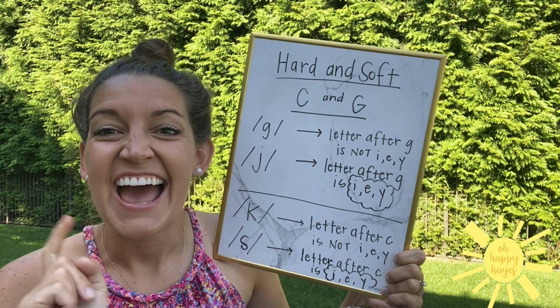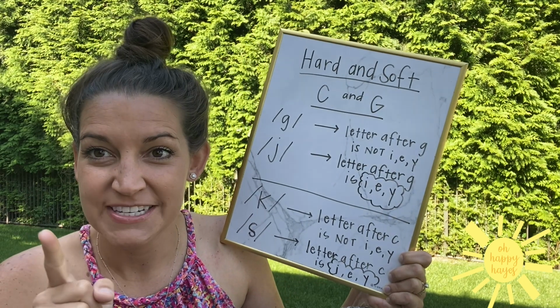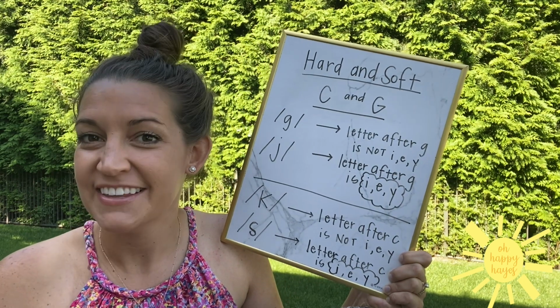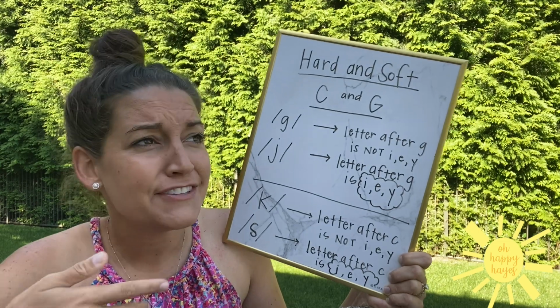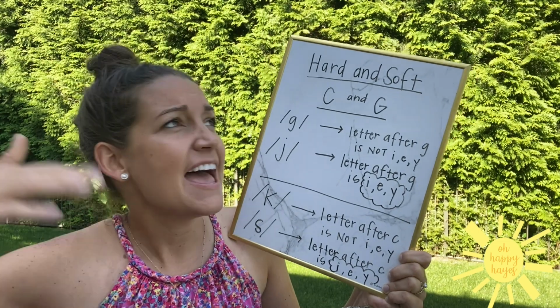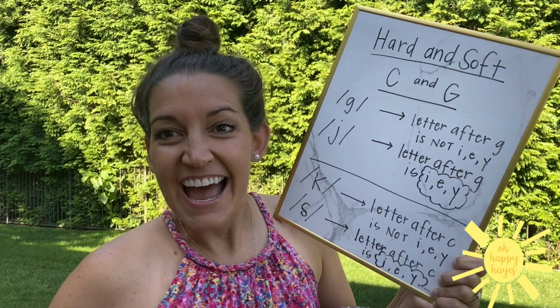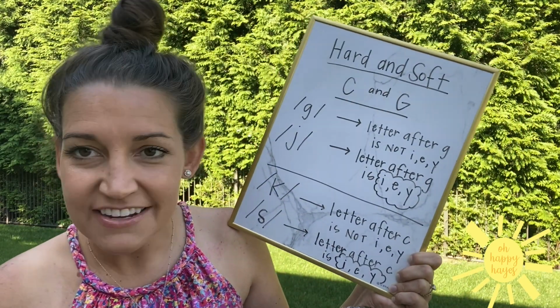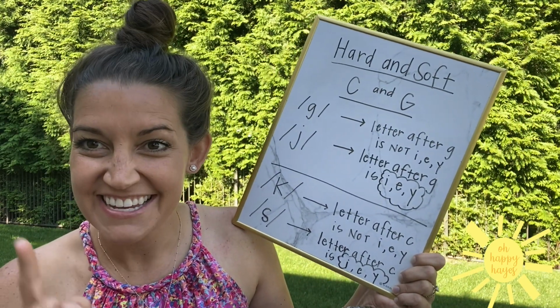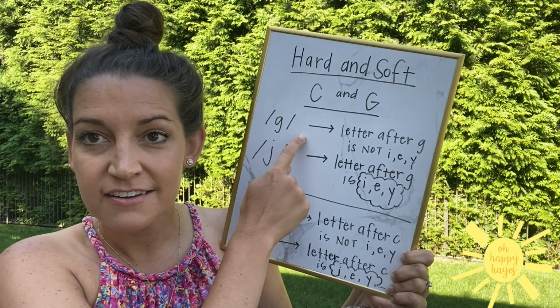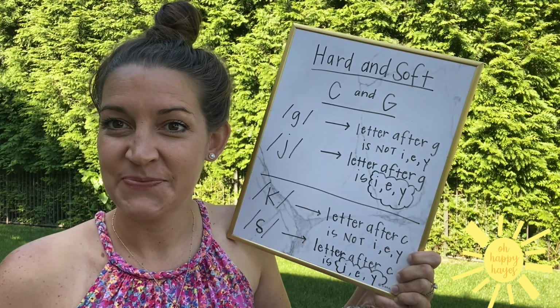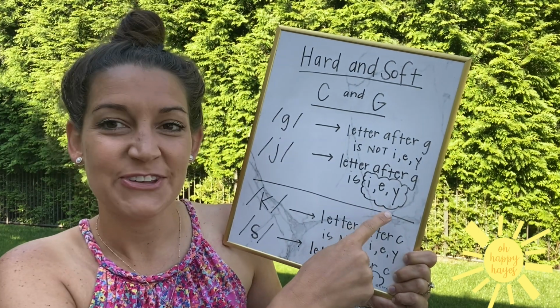All right? And so you always need to be on the lookout for what letter comes after the G. If it's any other letter, if it's an A, if it's an O, if it's any other letter than I, E, or Y, it will say the G, just like you always do. But be on the lookout.